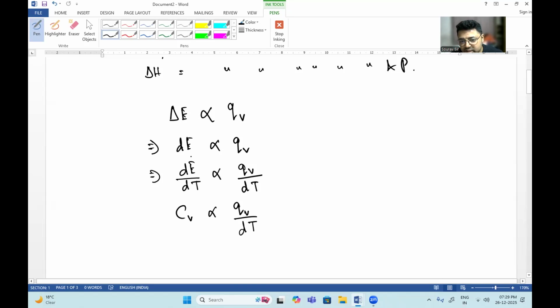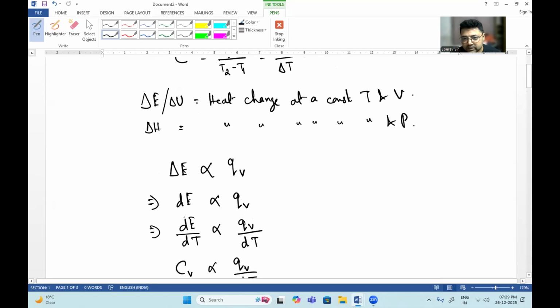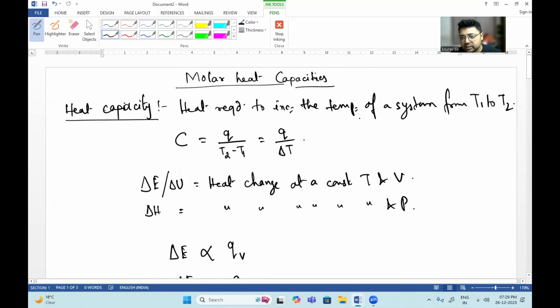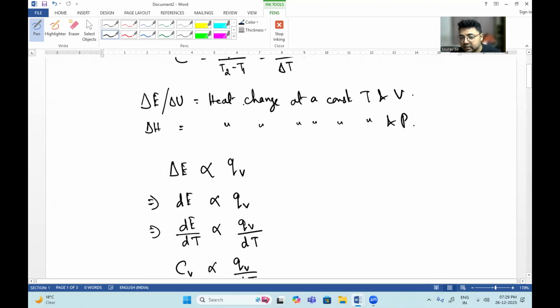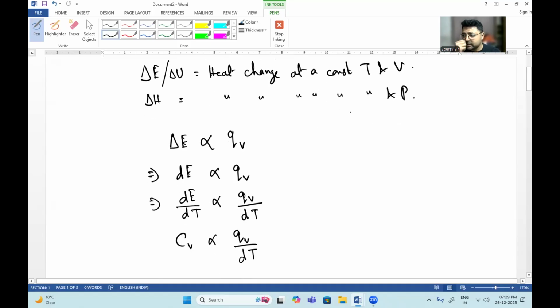So this change in internal energy with respect to temperature is also termed CV, the heat capacity at a constant volume. Heat capacity is the heat required to increase the temperature from T1 to T2, and delta E is the heat change at constant volume.